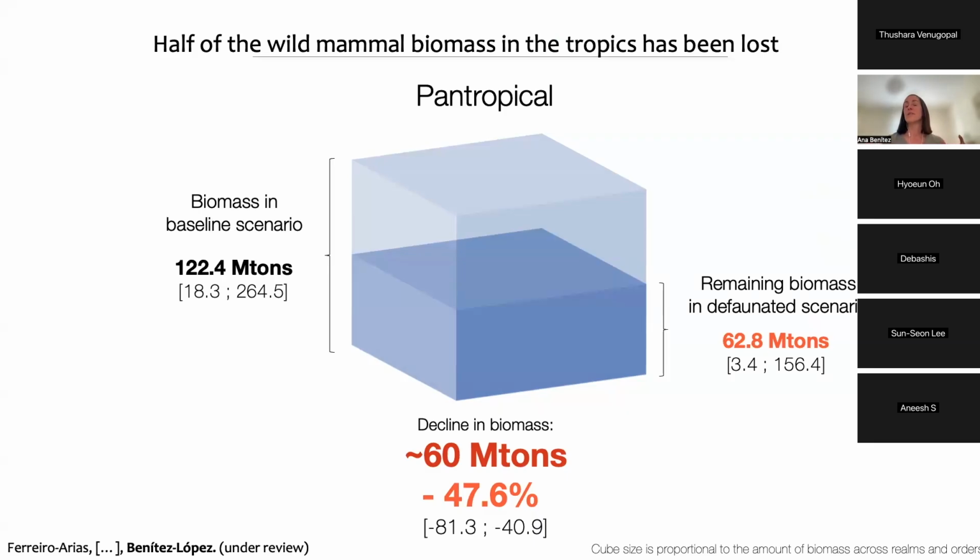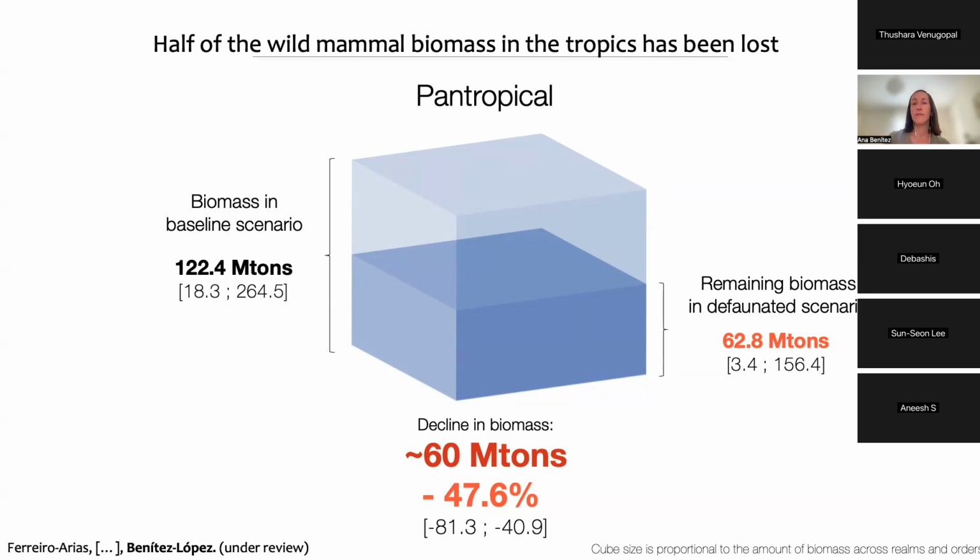But in the defaunated scenario, this huge box of biomass, this stock, has been reduced by almost 50%. So half of the mammalian biomass has been lost since the onset of the Holocene.